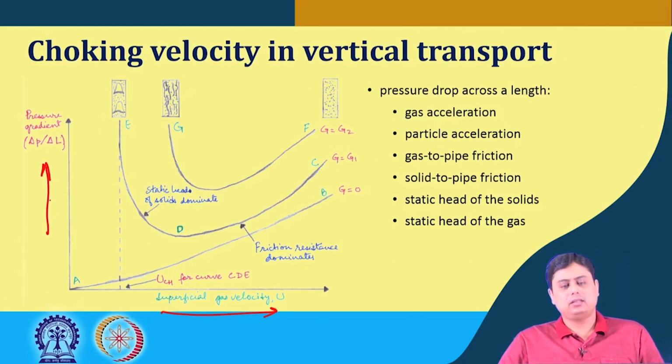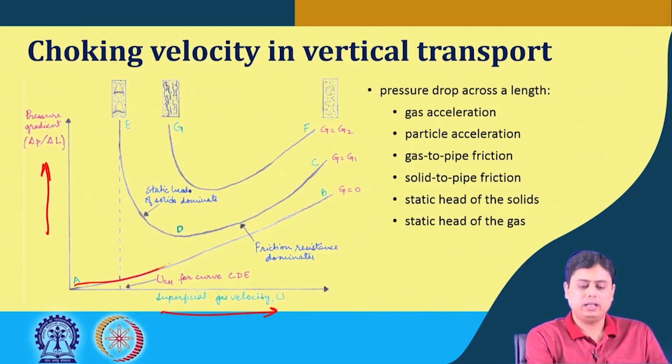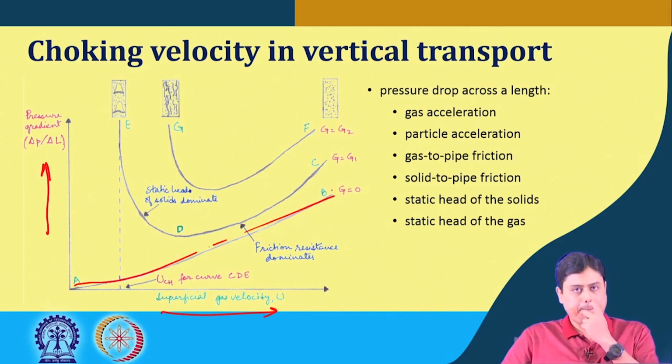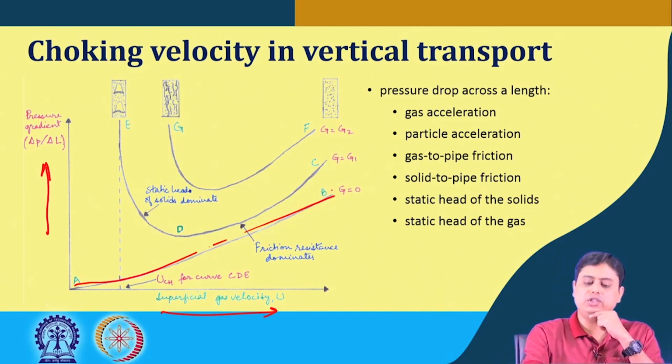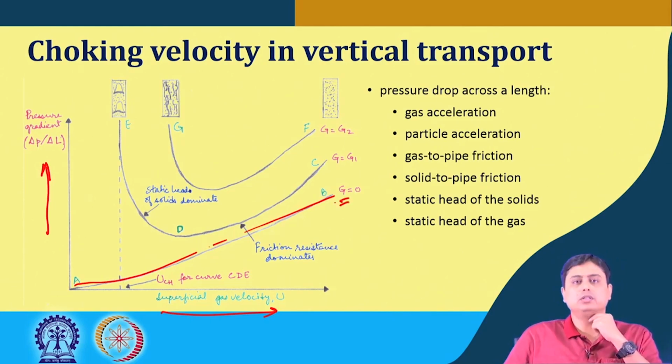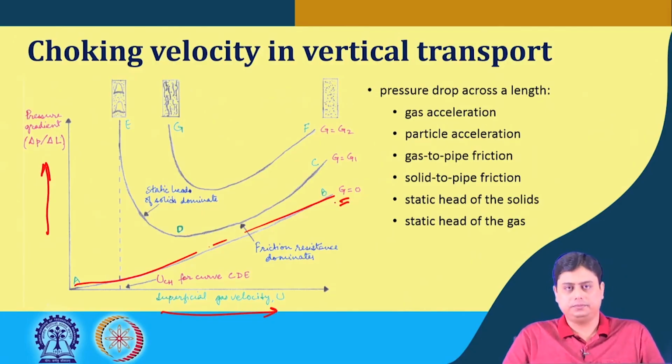In case simple airflow is happening without any particle, then it would result in this line AB, where G stands for the solids loading, or say the mass flow rate of the solid. So, here there is no solid in this case. So, this is basically the frictional resistance.